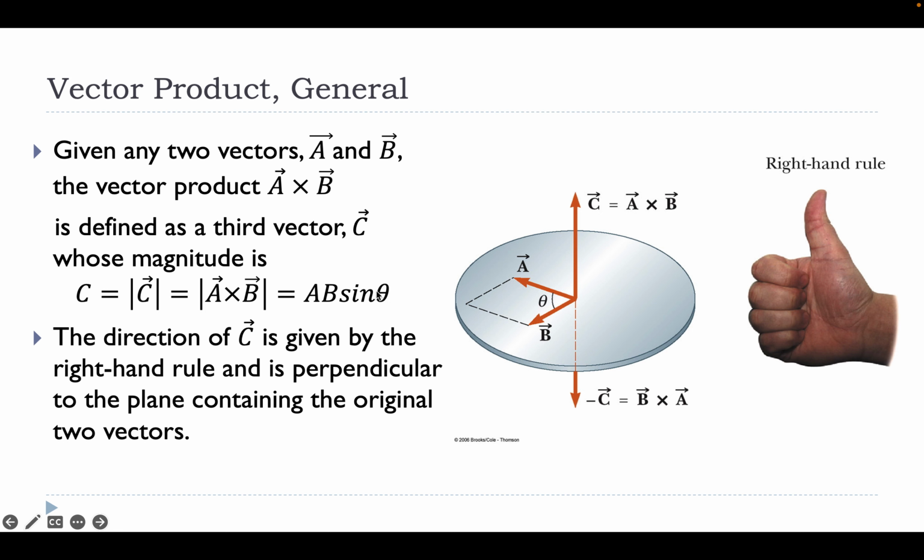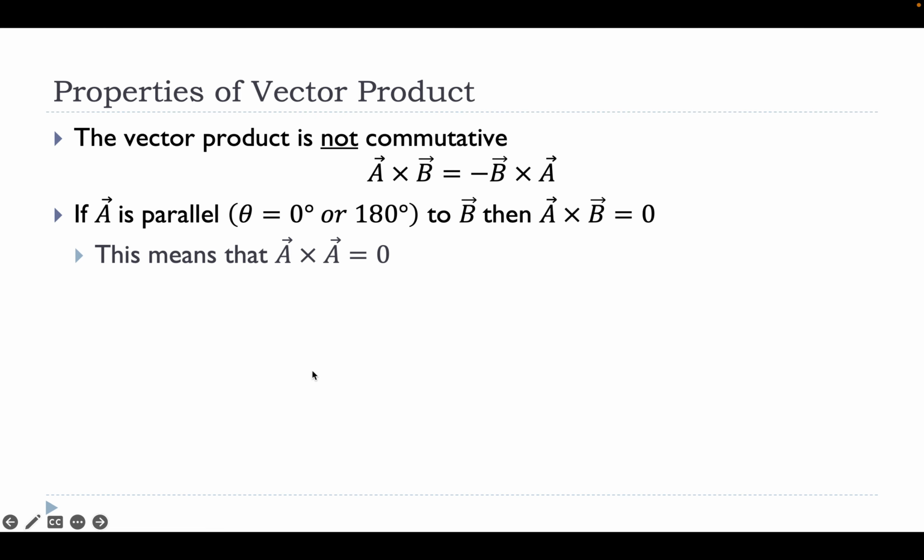So if they're parallel and the angle is 0, sine of 0 is 0. If the angle is 180 degrees, if they're anti-parallel, going in opposite directions from one another, sine of 180 is also 0. So any two vectors that are parallel to one another, the cross product is going to give you a 0 value, which means if you take A and you cross it into itself, you get 0.